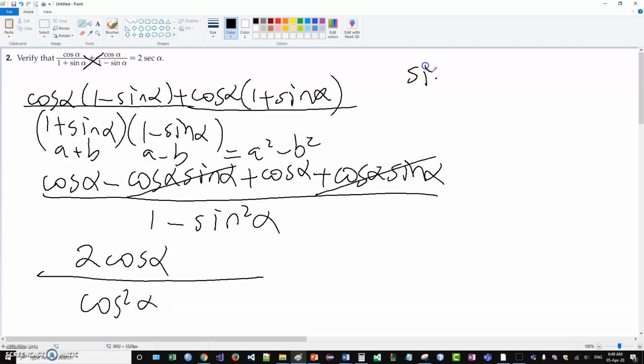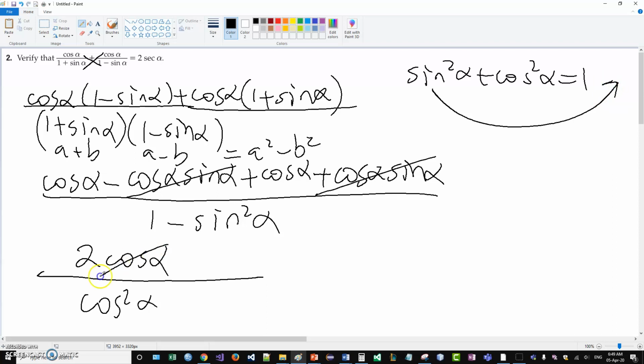Why? Because sine square alpha plus cosine square alpha equals 1. Bring the sine square here. So 1 minus sine square equals cosine square.